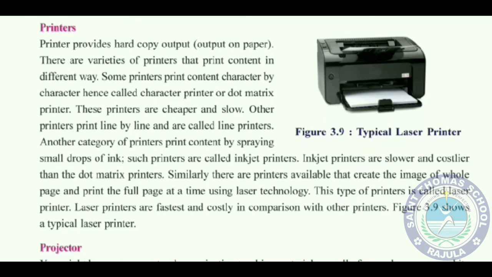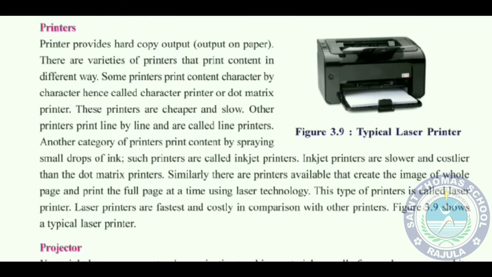So first, some printers print the content character by character, meaning one character at a time is printed. This type of printer is known as a character printer or a dot matrix printer. Remember that the printer that prints the content character by character is known as a character printer or dot matrix printer.